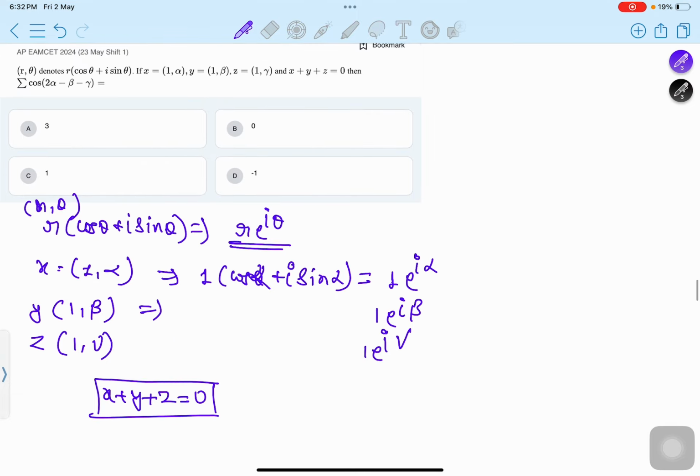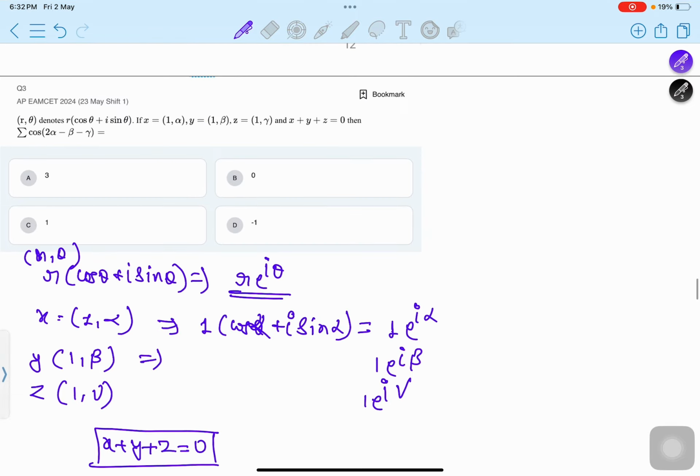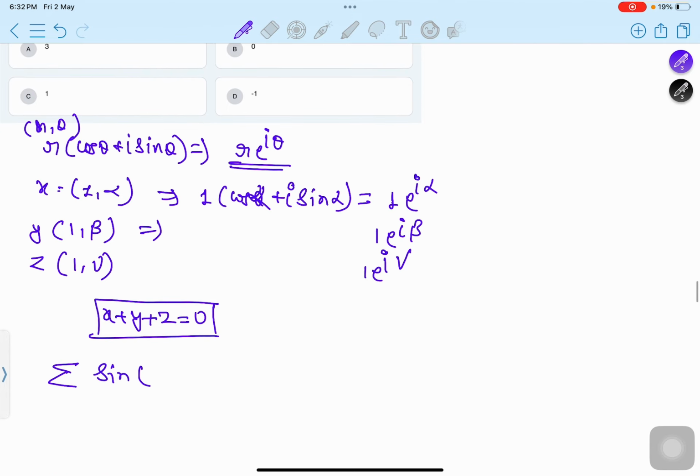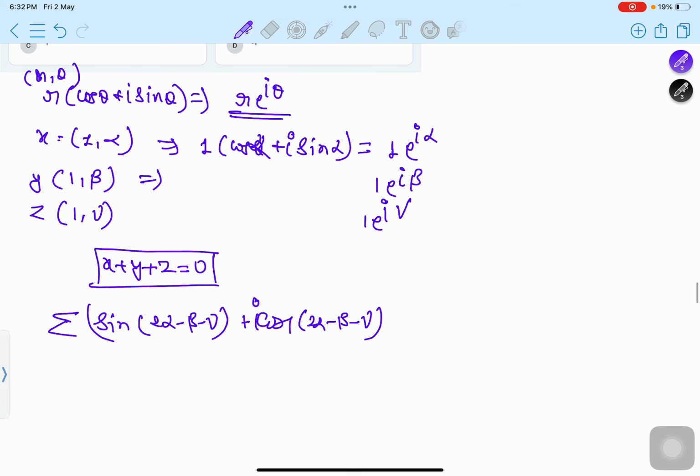Okay, and I am asking for the summation of sin theta plus iota cos theta, where cos theta is given as 2 alpha minus beta minus gamma, same with cos theta iota times 2 alpha minus beta minus gamma, and in the summation, everyone is two times like this: 2 alpha minus beta minus gamma, and next is 2 beta minus gamma minus alpha, and next is 2 gamma minus beta minus alpha, and every time it is cos.